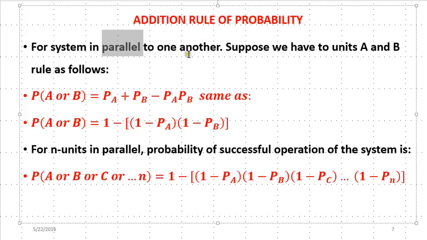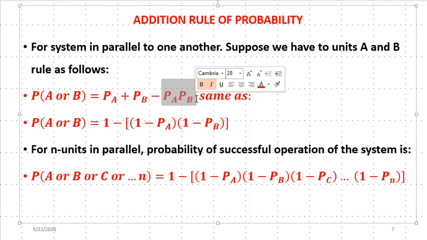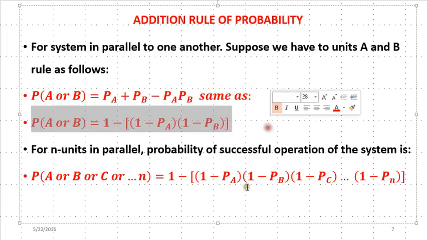So supposing I have two systems A and B, the probability for the system to work should be probability of A plus probability of B, but I have to deduct their common intersection, since they are not mutually exclusive. That is where we have A and B, the intersection has to be deducted. This formula, if we wish, we can express it as this, because if you expand this bracket, it will give you this.